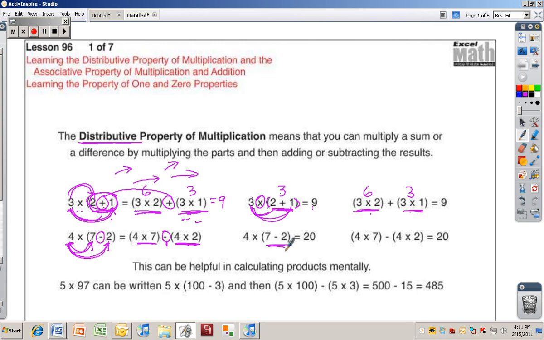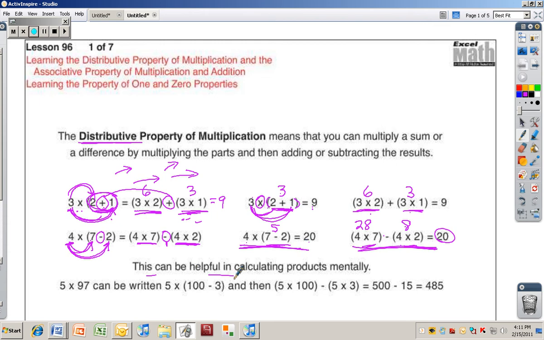First doing the part in parentheses, and then using the distributive property. 4 times 7 minus 2, that's equal to 5. 4 times 5 is 20. 4 times 7, 28. 4 times 2, 8. 28 minus 8 is still equal to 20. So you can see by using the distributive property, we get the same answer as doing it the old way, which is doing the part in the parentheses first.